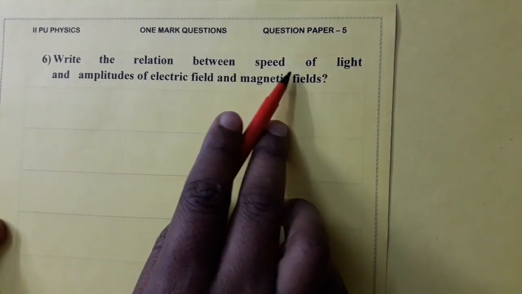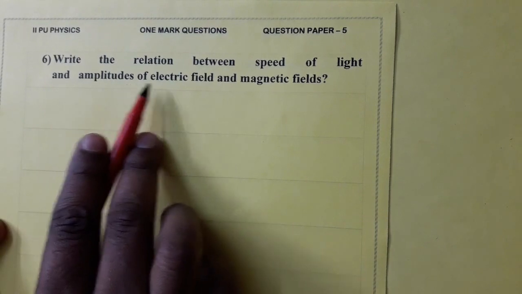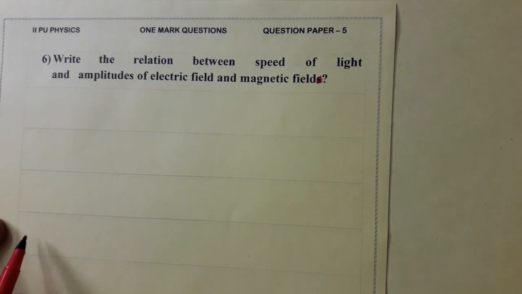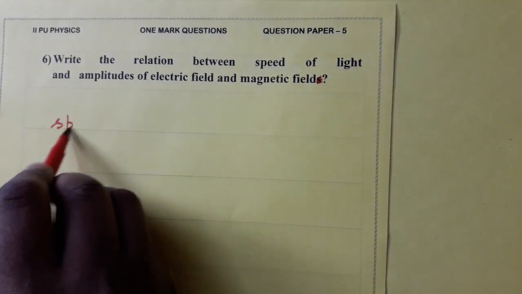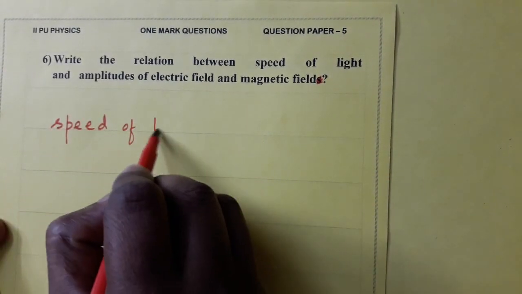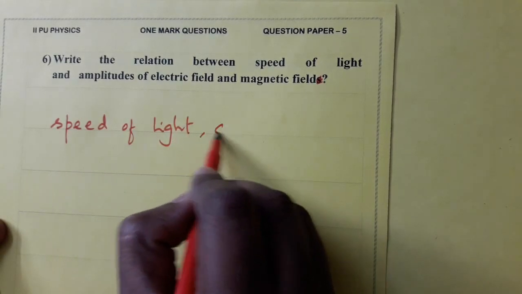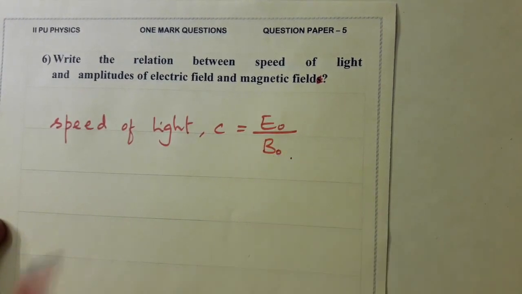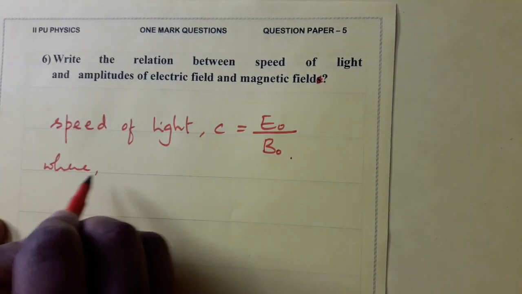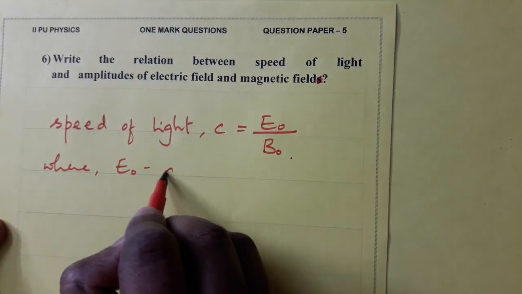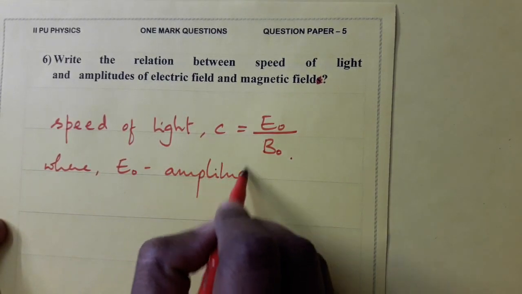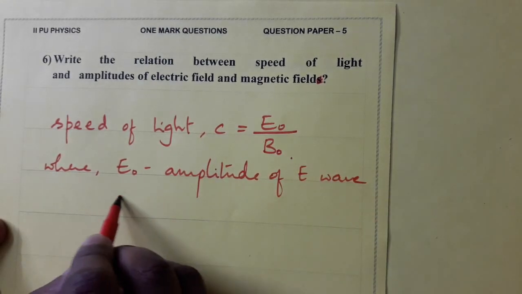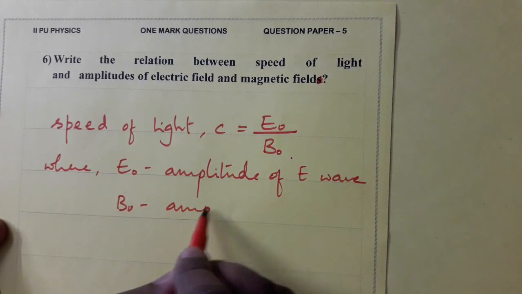Write the relation between speed of light and amplitudes of electric field and magnetic field. So speed of light C equal to E naught by B naught, where E naught is amplitude of electric wave, and B naught is amplitude of magnetic wave.